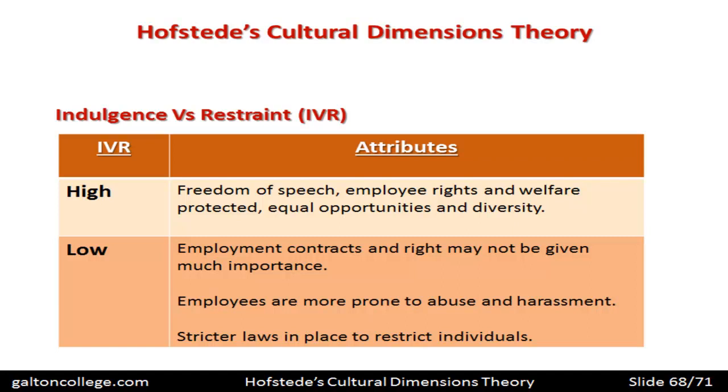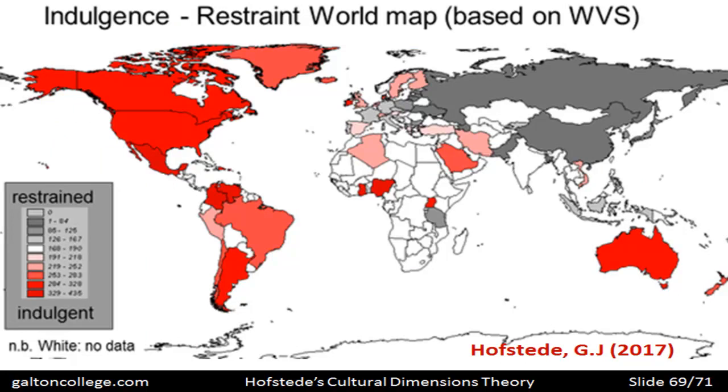So again, we have an index for this, and that's the way Hofstede sees the world, with the more indulgent as the darker reds, and the lighter reds, or down to the pinks, being a mixture and going all the way across to the grey ones, which are in restraint, trying to control the workforce, trying to stick to traditional methods, but trying to control through the use of laws and rules and regulations the way the workforce conduct themselves.